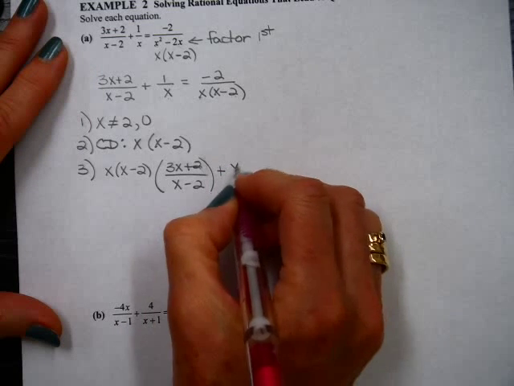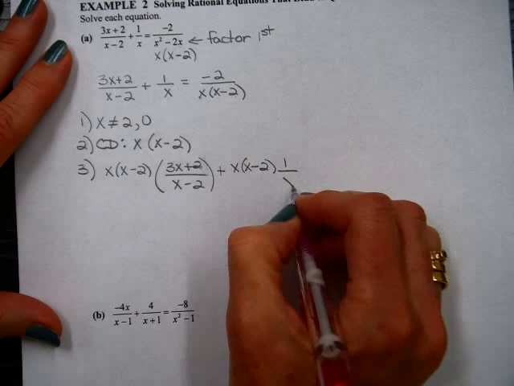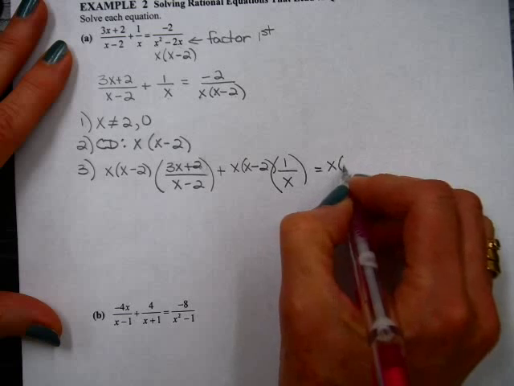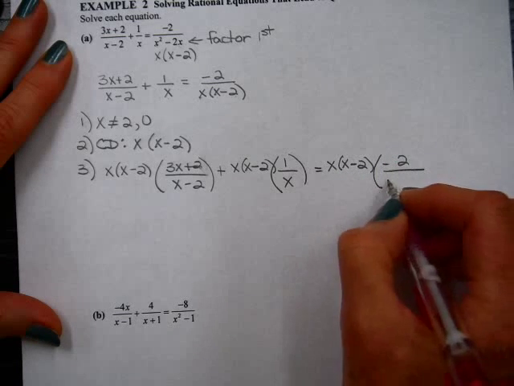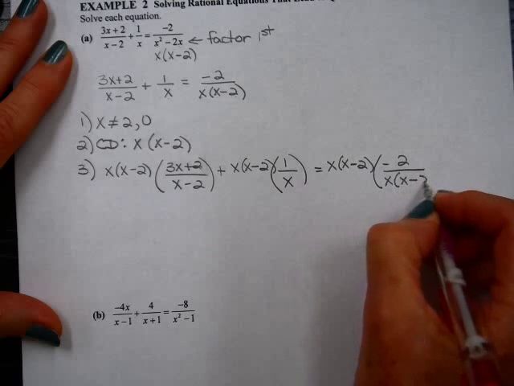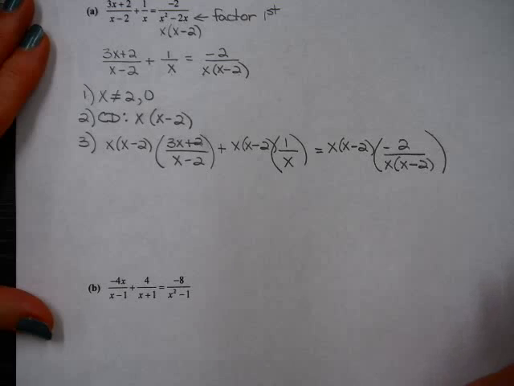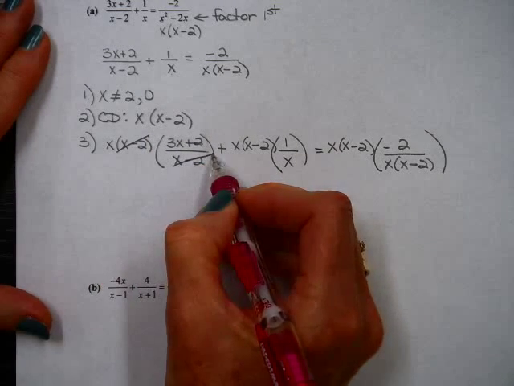Plus x minus 2 times 1 over x equals x minus 2, negative 2 over x and x minus 2. Remember, we're getting rid of fractions, so this stuff better cancel away. X minus 2's cancel.